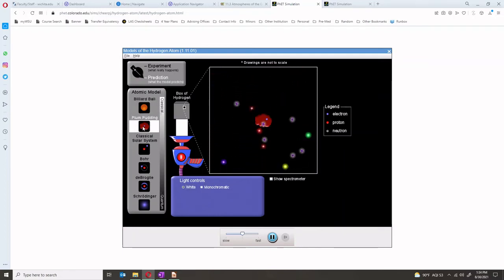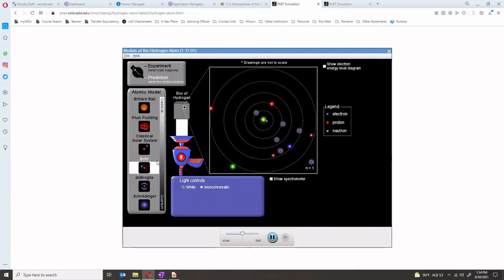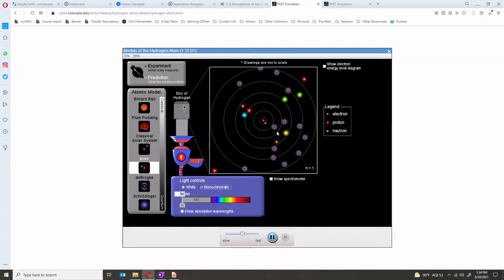We moved on to plum pudding, classical solar system, but the Bohr model is where it's at right here. You'll notice that it's orbiting here, and then sometimes it gets kicked up to another orbit and then drops down. A few things to note about this: it gets kicked up when a photon of certain energy hits it.